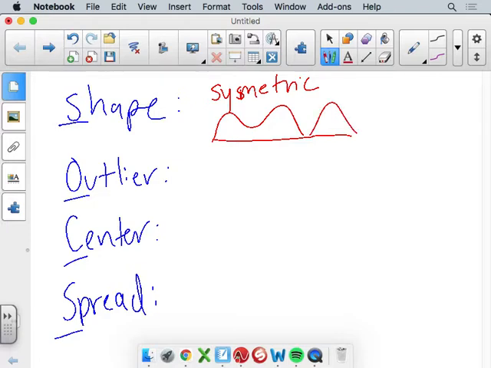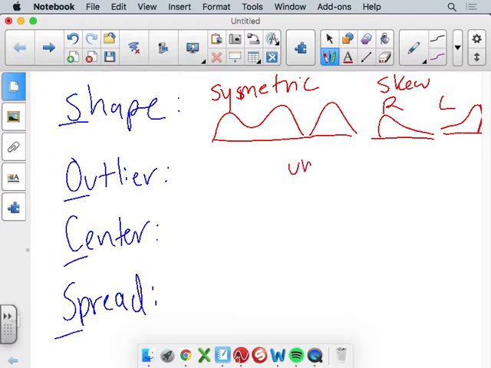You could also have skew to the right or the left. Skew to the right means like there's a mountain, and you could ski down to the right. It tails off to the right. Skew to the left would be where the tail is to the left.